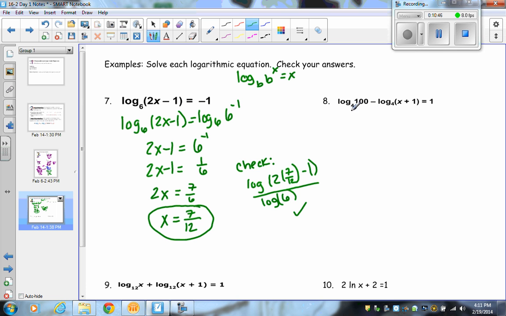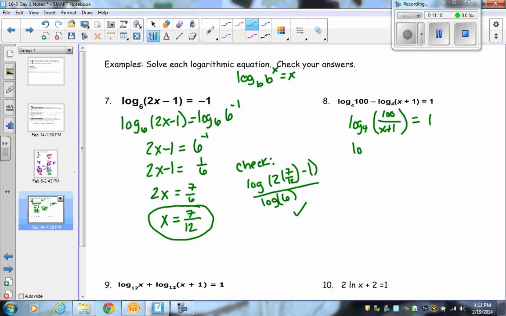Let's try another one. First things first, they have the same base. I know subtraction means that I can write this as division. So this is really the log base 4 of 100 divided by x plus 1 equals 1. Again, I need to write this as a log base 4.